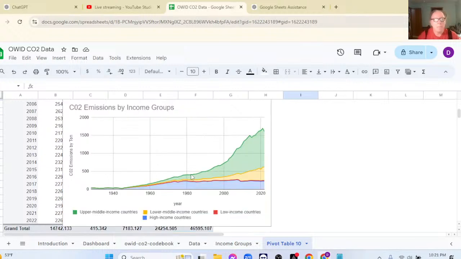So that's quite helpful. Of course, what you notice after the war is a big increase in emissions. Of course, this is all due to the post-war economic boom, houses being built and stuff like that.